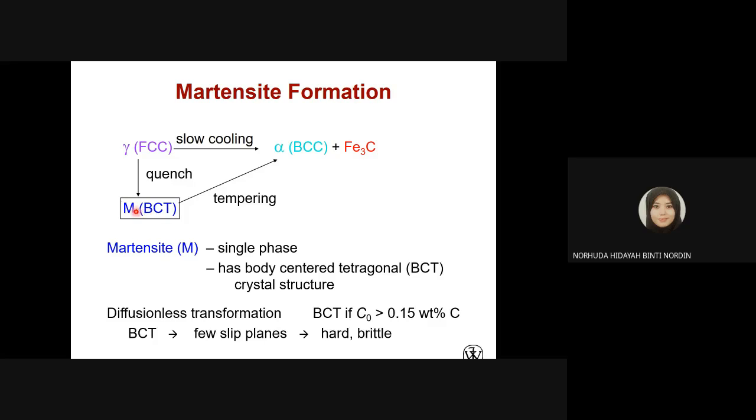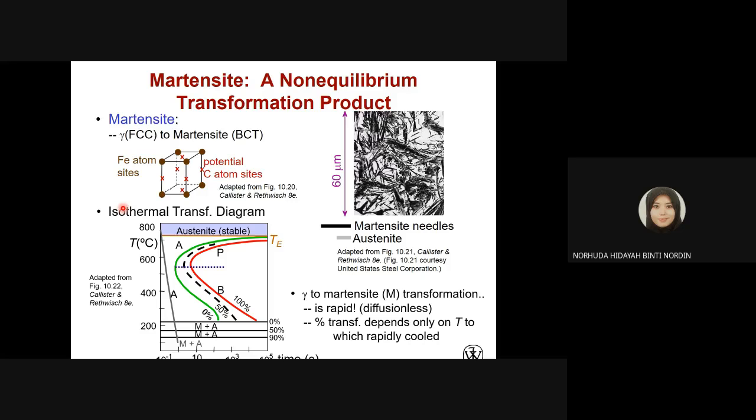What happens if you heat back your martensite? We call it tempering. You already cooled your sample and got martensite. What happens if you heat it back? You will get bainite.